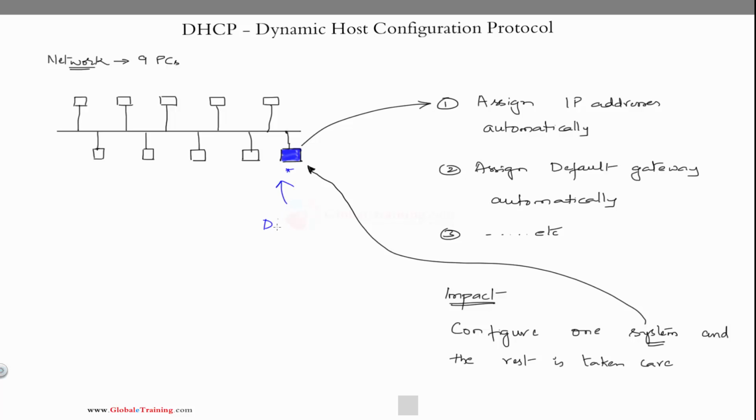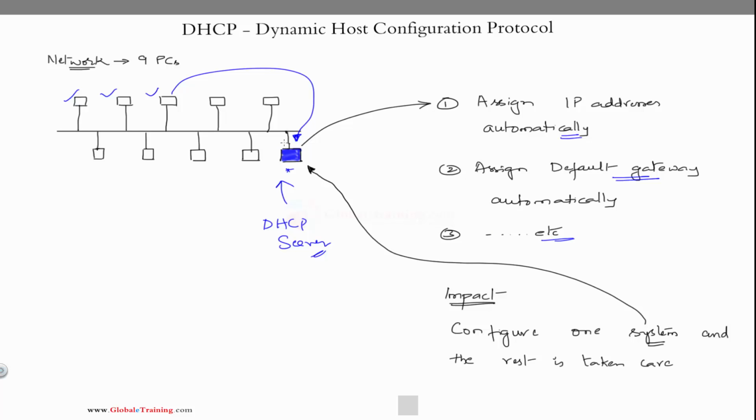So when these computers come online, they will talk to the DHCP server. The DHCP server automatically assigns IP address, default gateway, also subnet mask, and there are other things that it automatically assigns that are required for computers to work properly on the network.